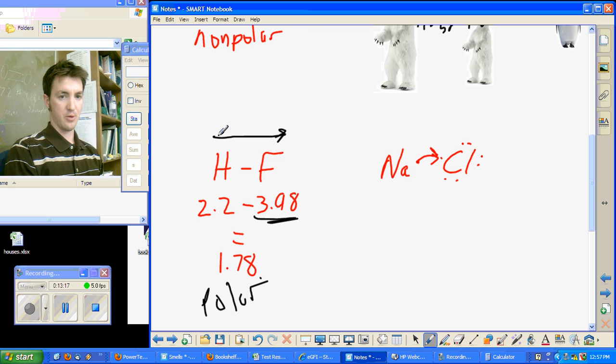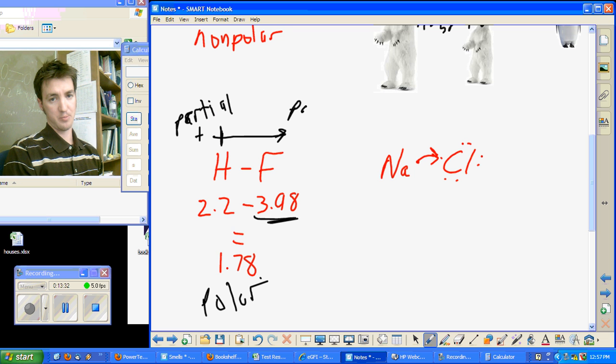On the other end, because the electrons left it a little bit, not totally, just a little bit, we do this. So this is a partial positive end. This is partial negative.